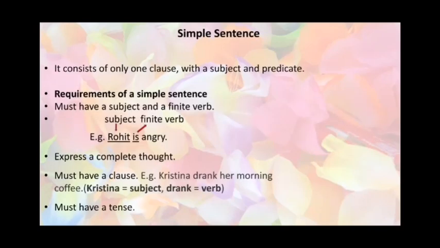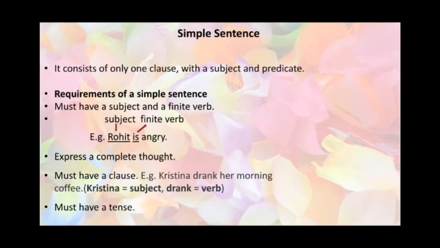So children, a simple sentence is a sentence that consists of only one clause with a subject and predicate. In order to identify if it is a simple sentence or not, what are the things that we need to keep in mind? The requirements of a simple sentence is that we must have a subject and a finite verb in the sentence.